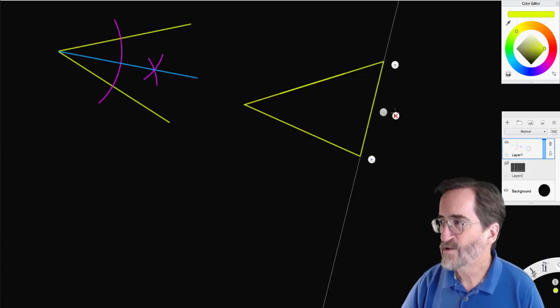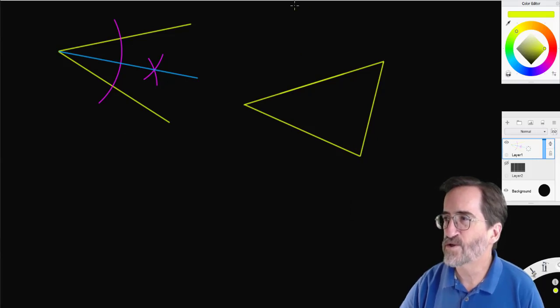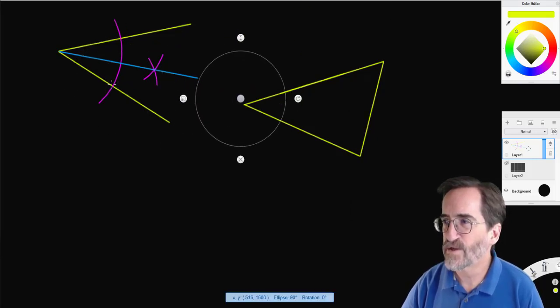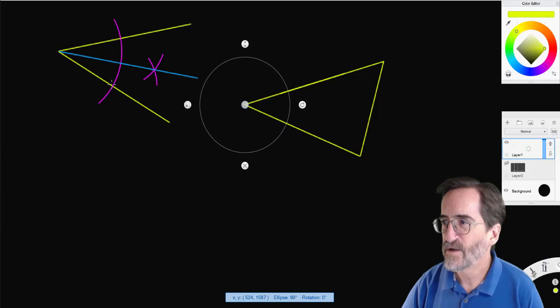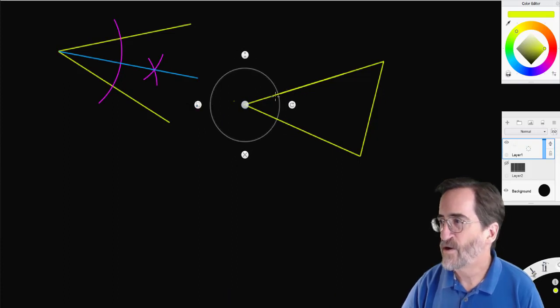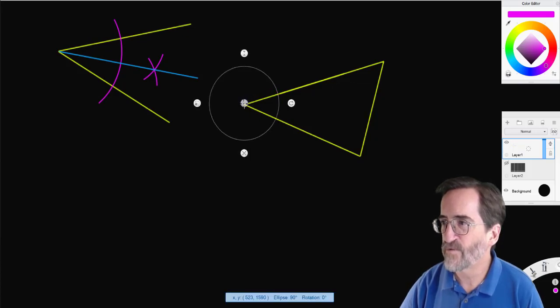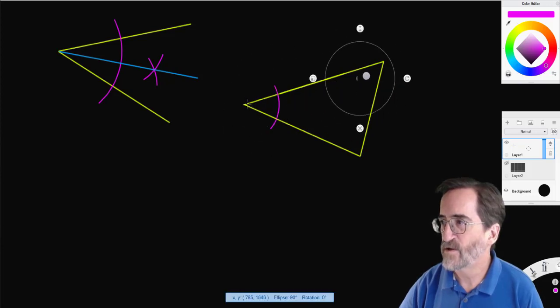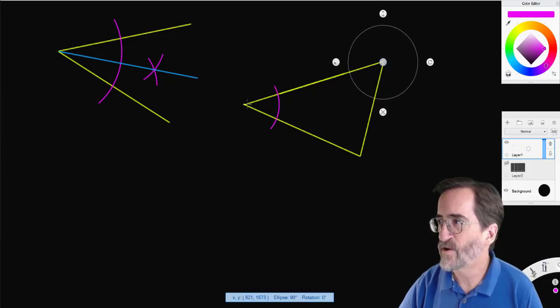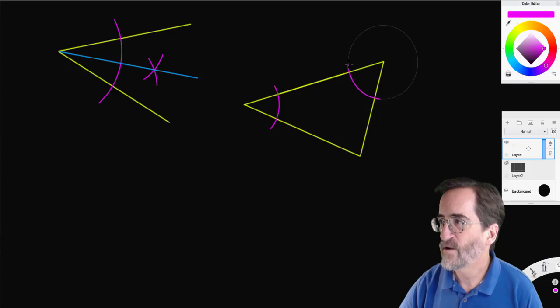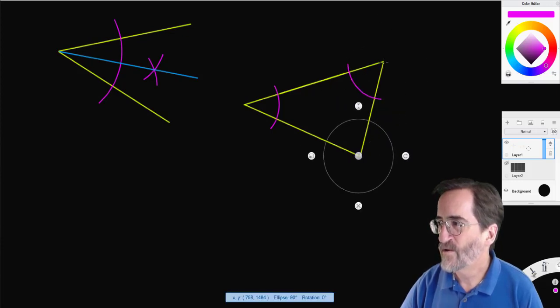All right. So there's no really good shortcut like there was for the perpendicular bisector. You simply need to draw an arc at each of the vertices. And I will go ahead and save a little bit of time by using the same compass setting to draw the initial arc on all three corners. All three corners. Precision is important.